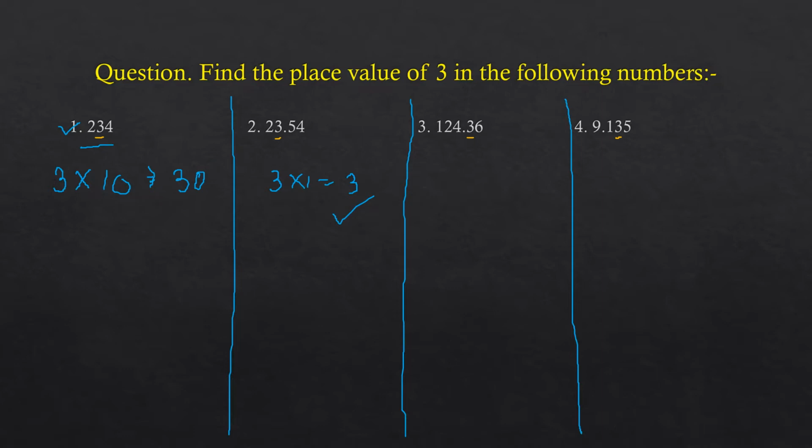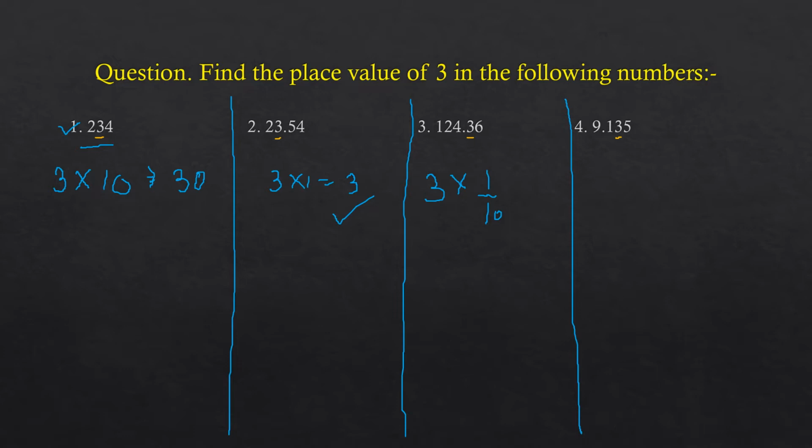Now the third question. In the third question you can see clearly the place of 3 is tenth, right? So we will simply multiply 3 by tenth. Tenth means 1 by 10. This 1 by 10 is nothing but 1 out of 10 equal parts.